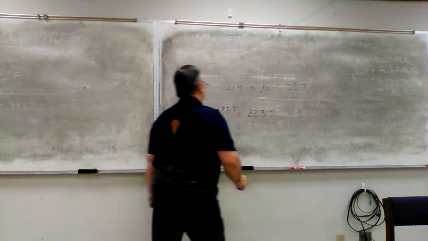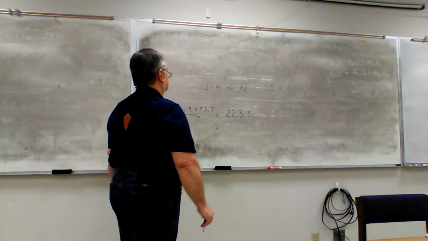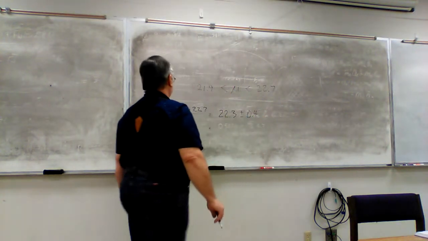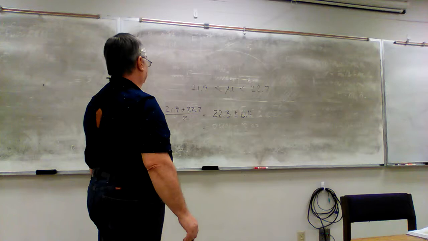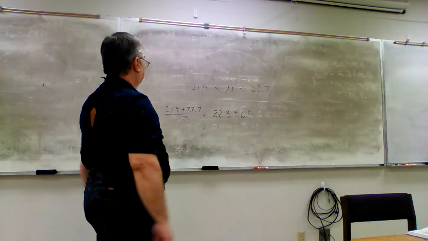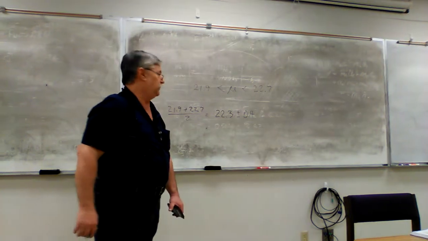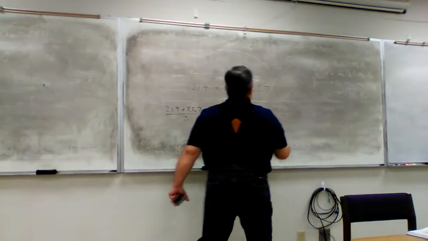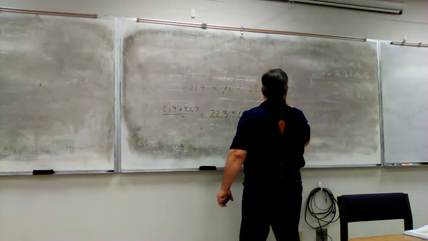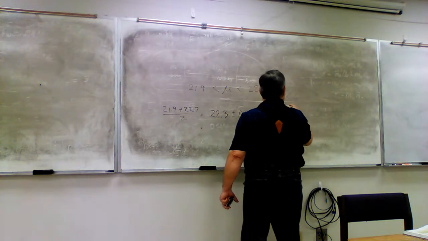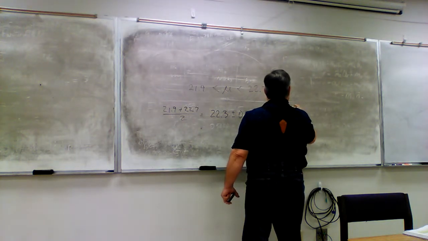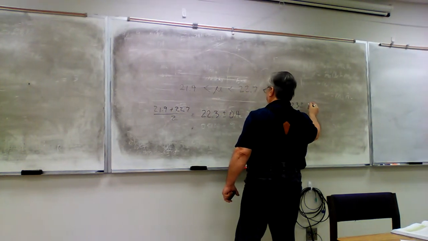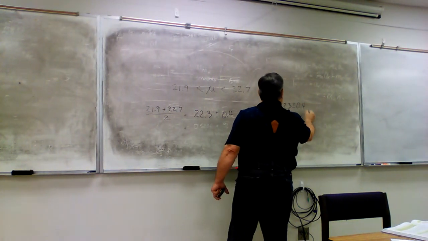Plus or minus, is that right? 22.3 plus 0.4 is 22.7. 22.3 minus 0.4 is 21.9. So we would say our best estimate of mu, of the population mean, is 22.3 plus or minus 0.4.